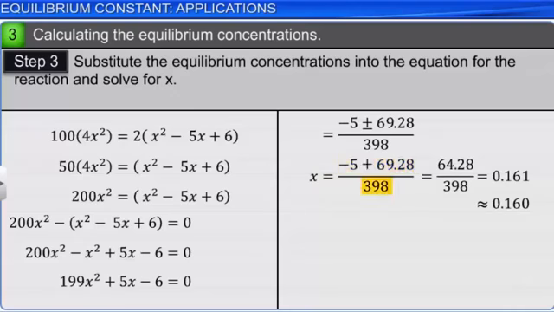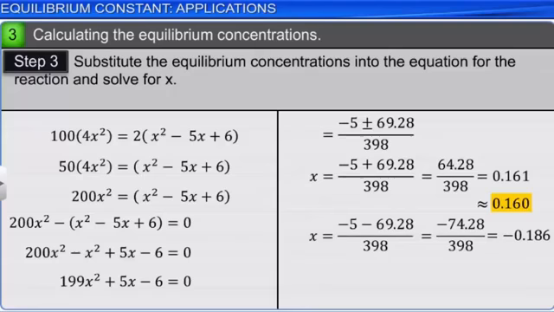The other form is x is equal to minus 5 minus 69.28 divided by 398. This becomes minus 74.28 divided by 398, which is equal to minus 0.186. As concentration cannot have a negative value, it is clear that the correct value of x is 0.160.